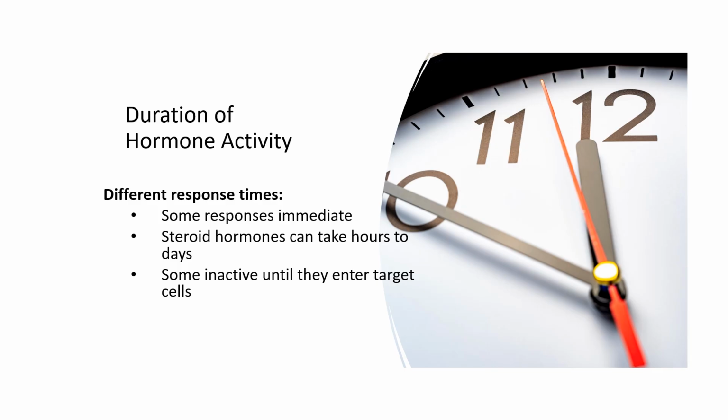Water-soluble hormones, like our amino acid derivatives and peptide-based hormones, act quickly because they can just interact with the plasma membrane and then do their thing. They're cleared quickly as well. Lipid-soluble hormones like steroids and thyroid hormone are going to act slowly because they have the ability to affect transcription of the gene, but they're also going to have a longer lasting effect within our cells.